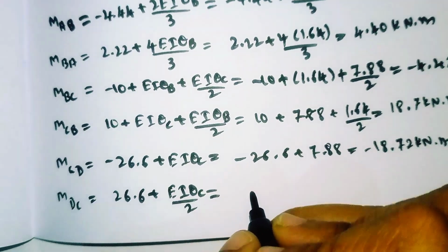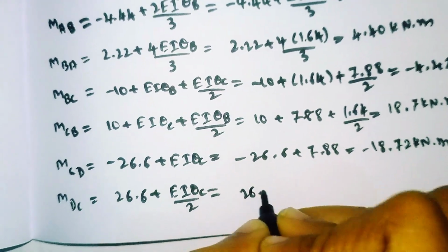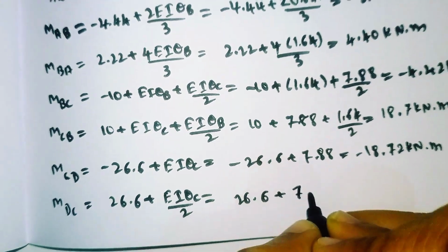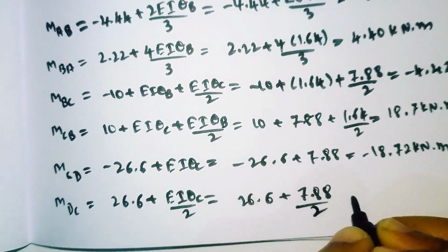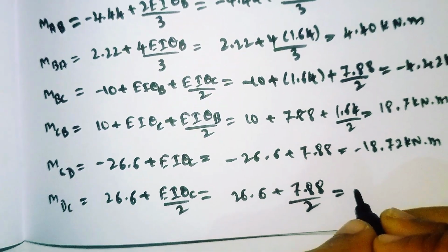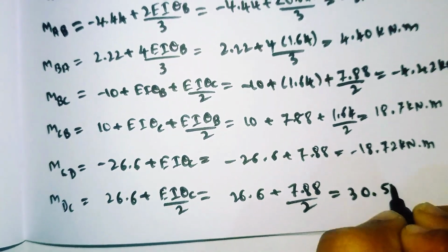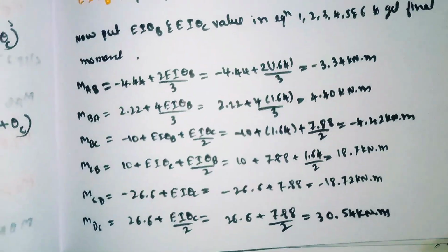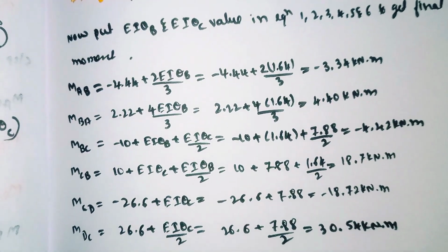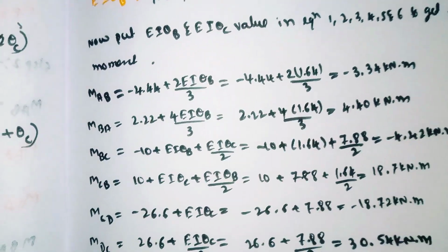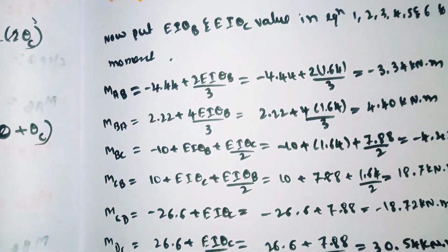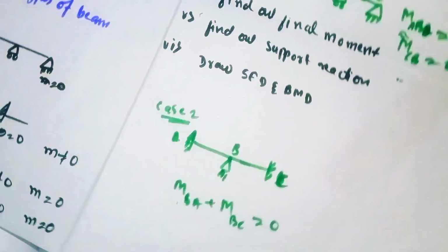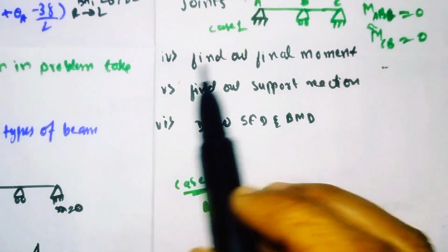Similarly for MDC, 26.6 plus 7.88 divided by 2, it will come out as 30.54 kilonewton meter. So this is how we calculate the final moment. So step 4 is completed.